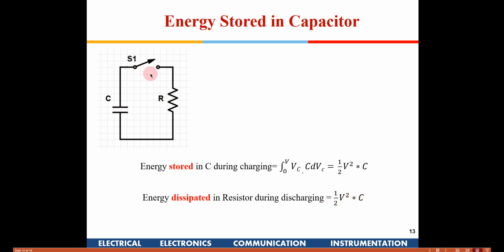The charge in the capacitance has to come to 0 after 5t, right? But that energy cannot be created or destroyed, that is the law of conservation of energy. So what happens to that energy? It gets dissipated as heat in the resistance. Okay, so this is what happens in this particular circuit.